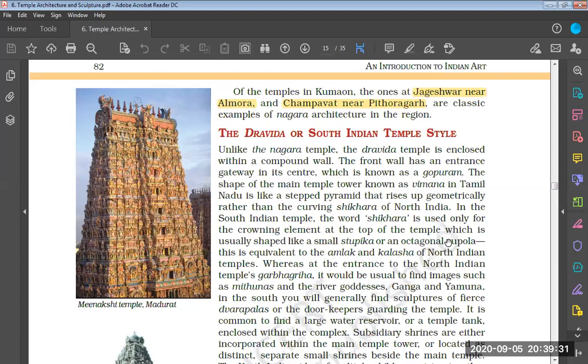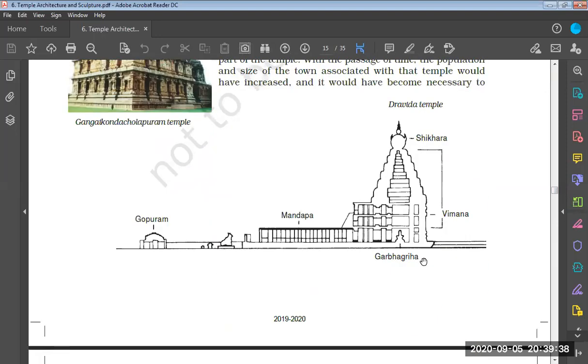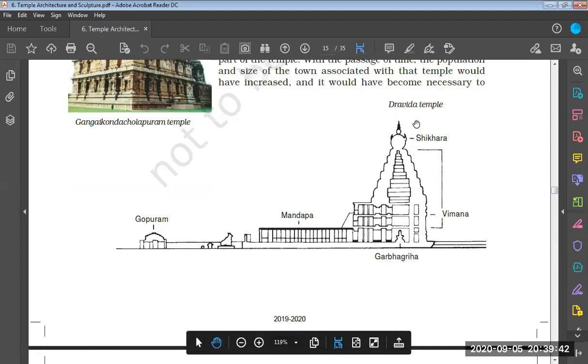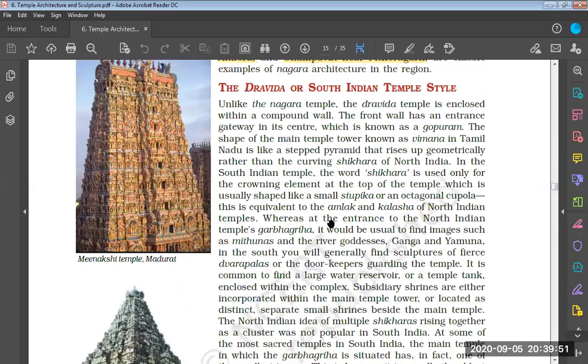The temple consists of a gopuram, then the mandap, a viman, and above the viman there is a shikhar. And a garbhagriha is also there. Now I'm reading. Unlike the Nagara style temple, the Dravida temple is enclosed within a compound wall.